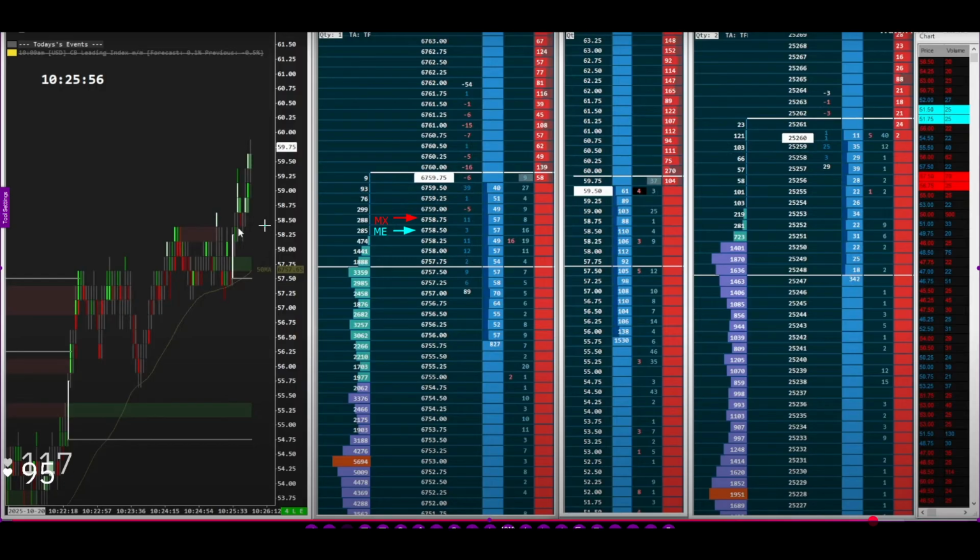My entry, my exit. And I think an ideal exit would have been 5925. Ideal exit.